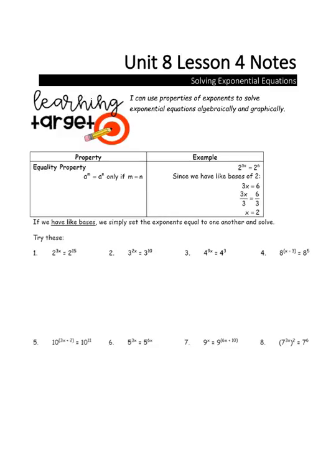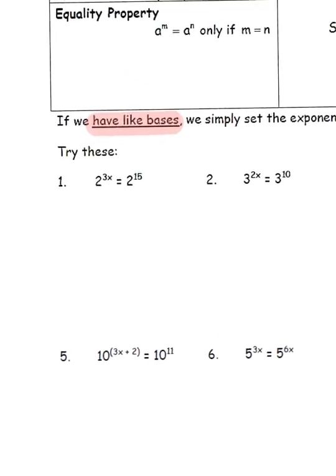The trick here, there's two different cases. The easy case is if we have like bases, meaning that the big number that is attached to the exponent is the same on both sides of the equal sign. So, for example, on number 1, the base there is 2 because the number that's attached to the exponent is a 2.